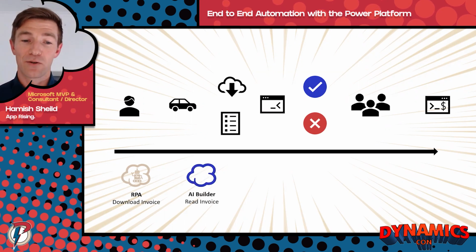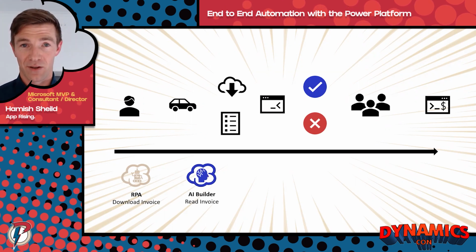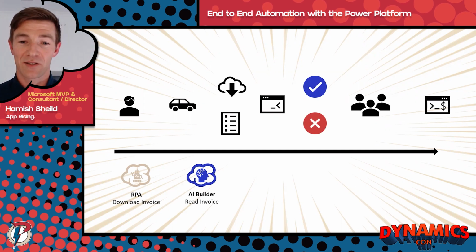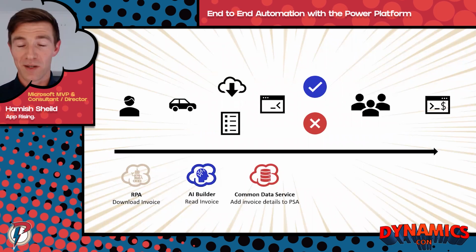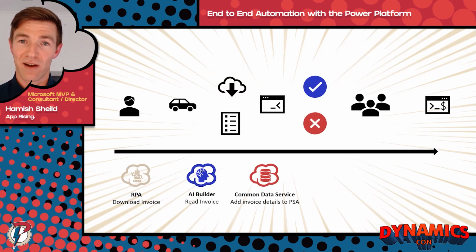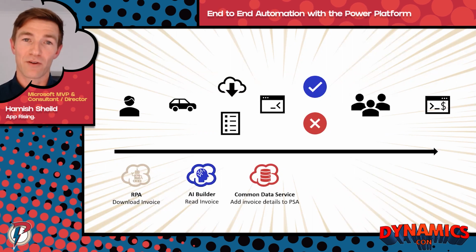We can then use AI Builder to scan that invoice, if it's a PDF, scan the document and pull out the invoice details. And then with Power Automate and the Common Data Service, we can take the details that AI Builder has extracted and put those into the Common Data Service, or in this instance, we've got the Project Service Automation app sitting on top of the Common Data Service.